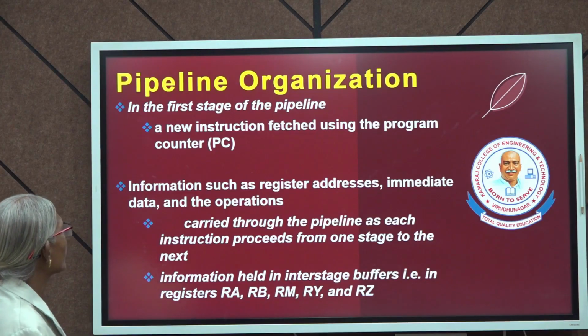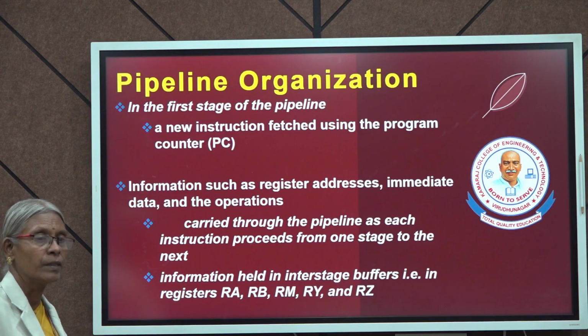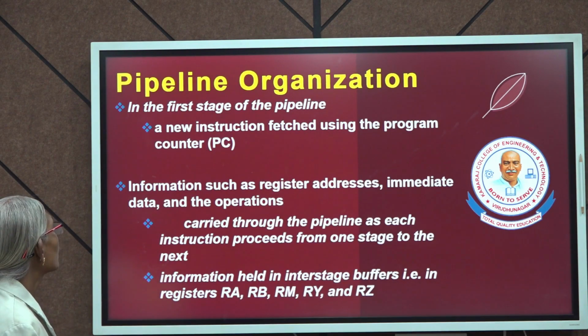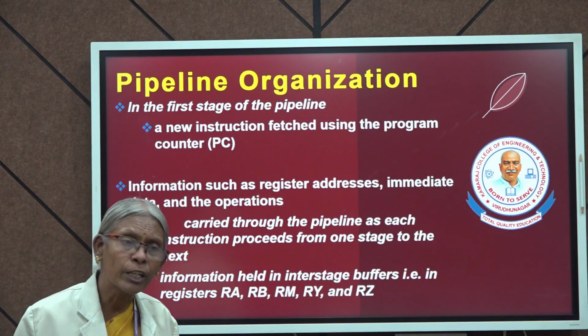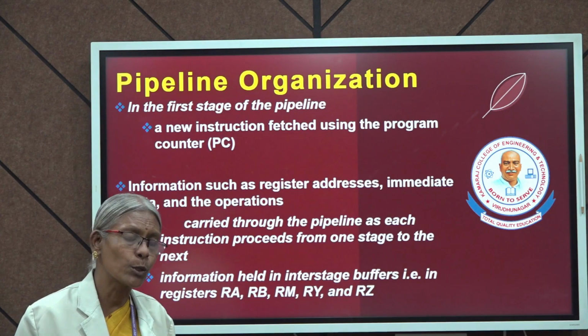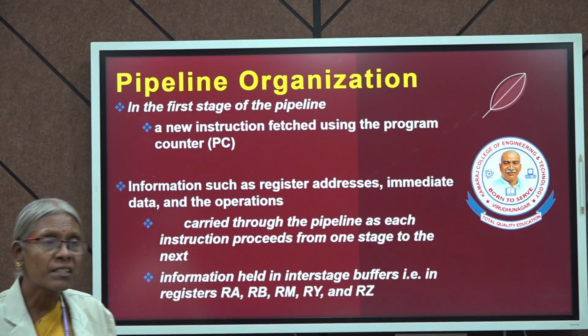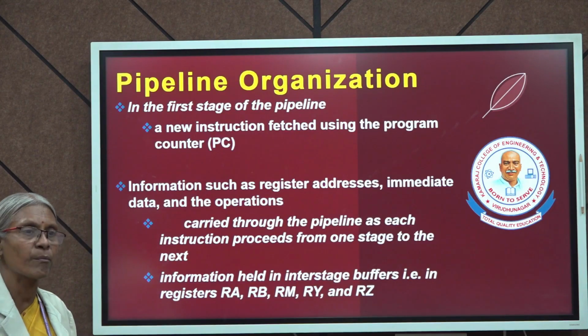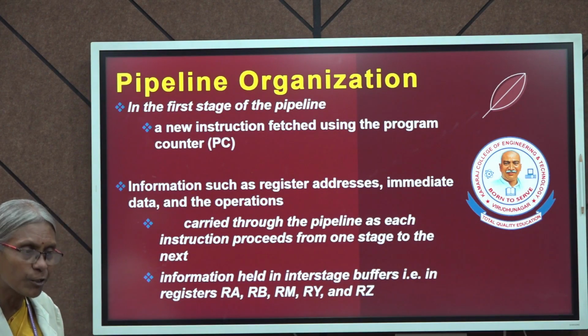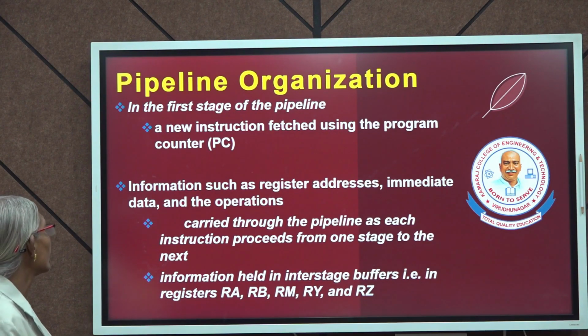In the first stage of pipelining, let us see what is happening. A new instruction is fetched using the program counter, PC. We know the program counter stores the address of the next instruction to be executed. The processor gets the address from the PC and fetches the instruction from the memory.